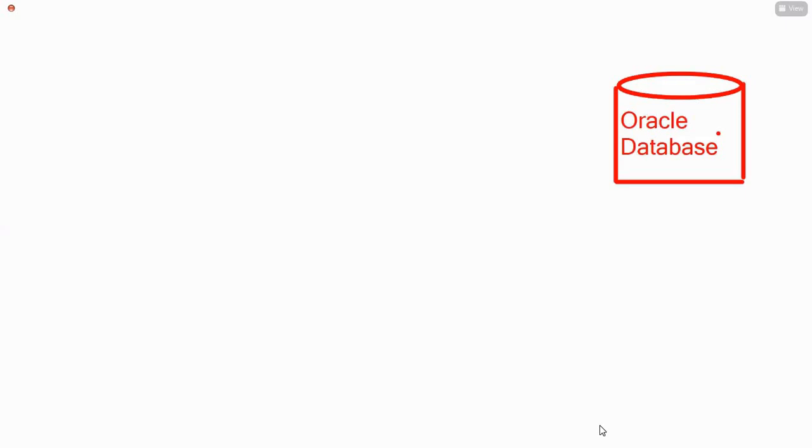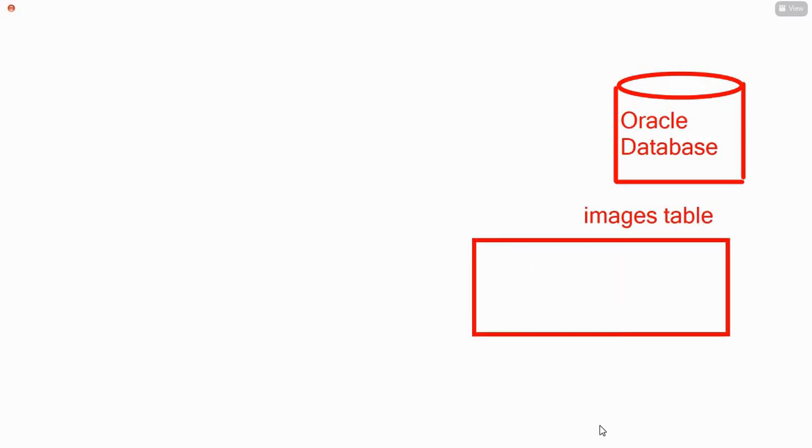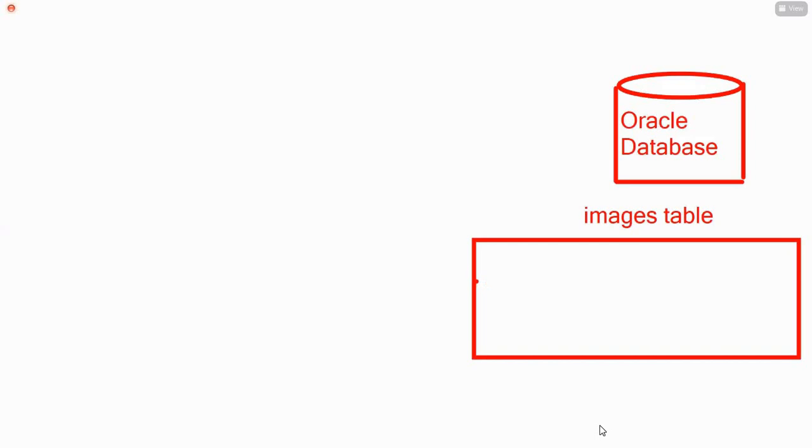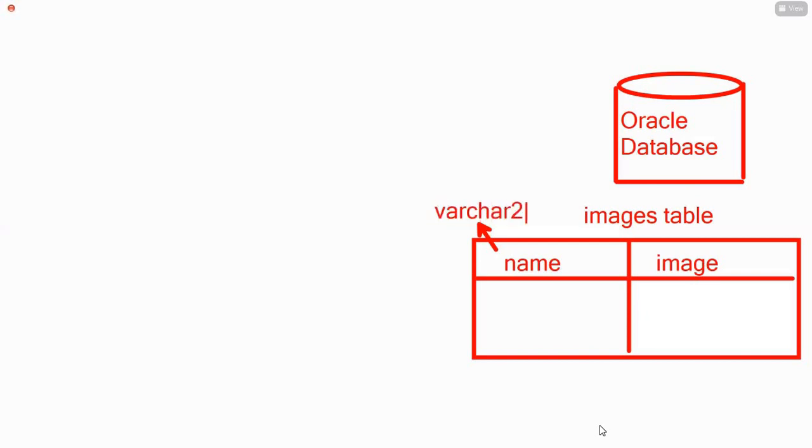Suppose, for example, the table name is images. Here, two fields. One is the name of the image, and one more is the image. This name field is data type varchar 10.